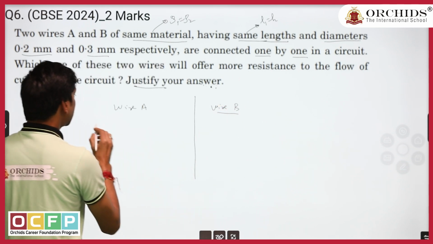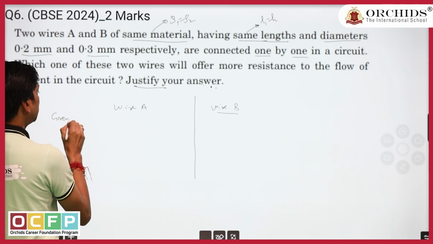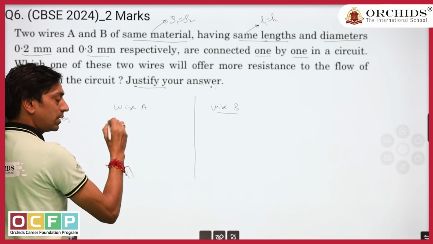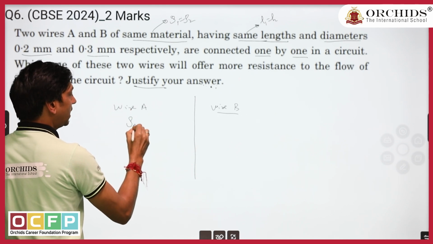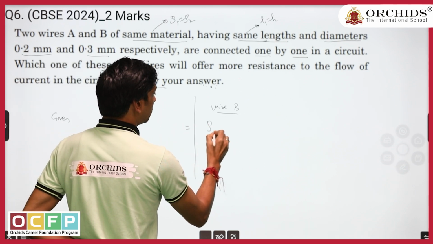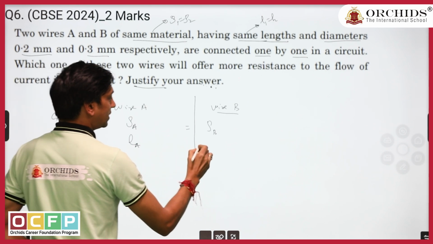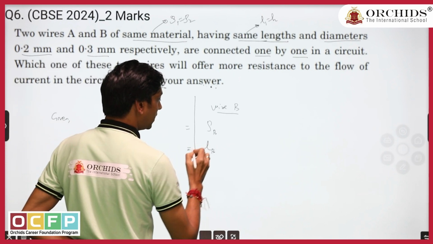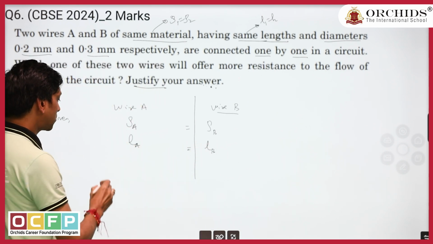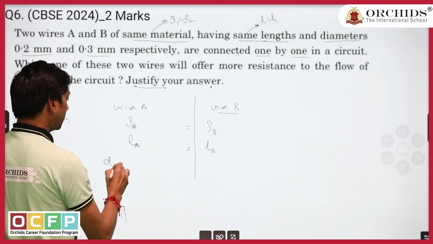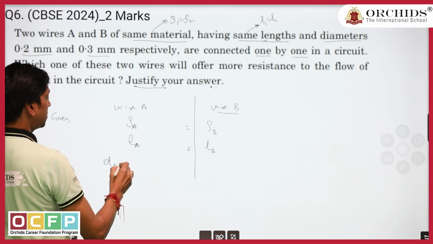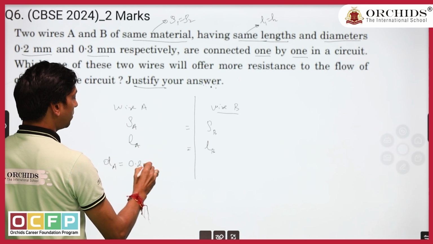Now what data is given? The given data for wire A is what? Resistivity of wire A is equal to resistivity of wire B. Next it is given length of wire A is equal to length of wire B. But diameter of wire A is not equal to diameter of wire B. So diameter of wire A is 0.2 mm.